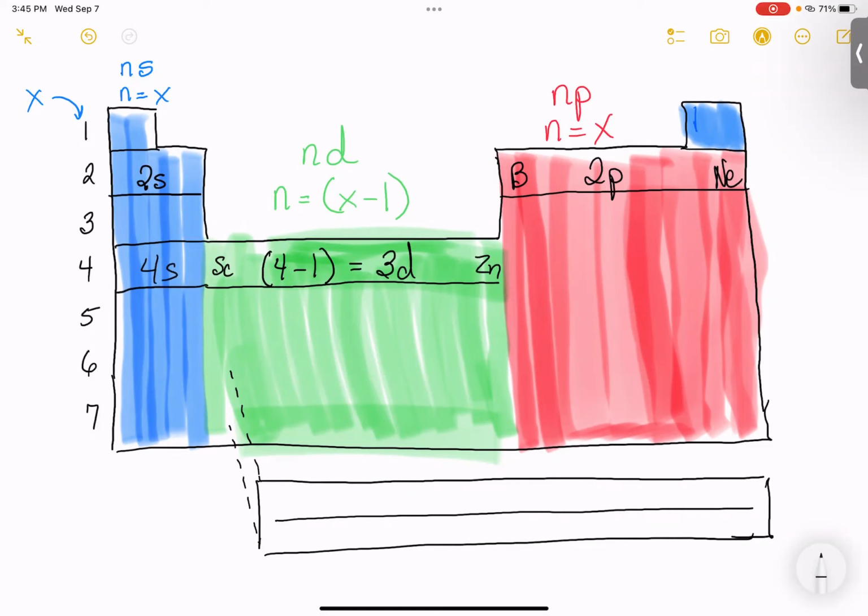And because they're that hair fraction higher in energy than the 4s, they come just a little bit later on. But they're called the 3Ds because that is the shell that the subshell's in. It has to do with the energy.